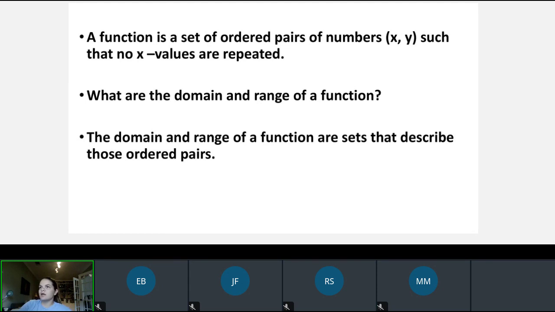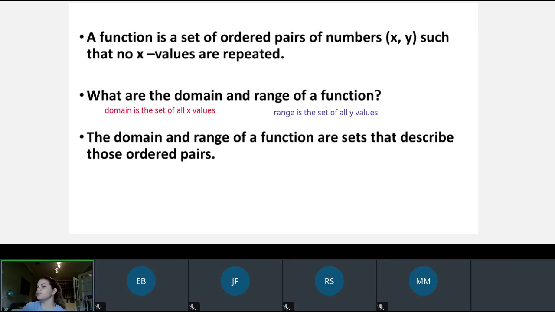Okay, good, Nevaeh. So the domain is the set of all x values. Very good. Good, Jonathan. And the range is the set of all y values. Very good.